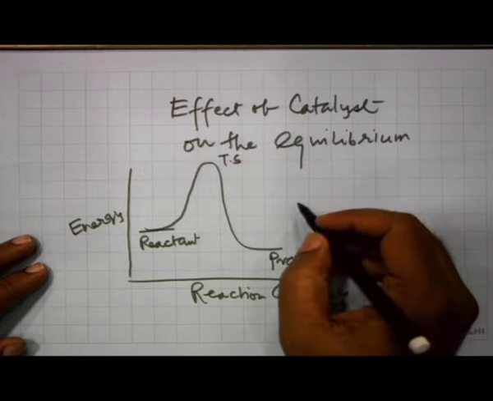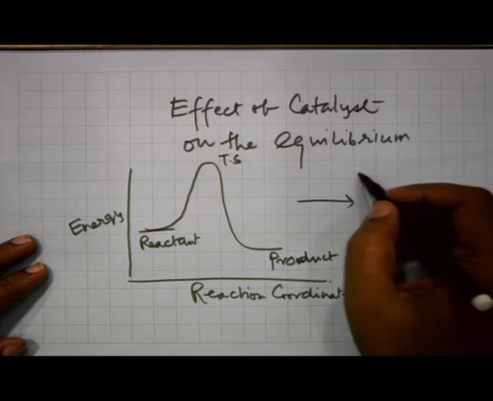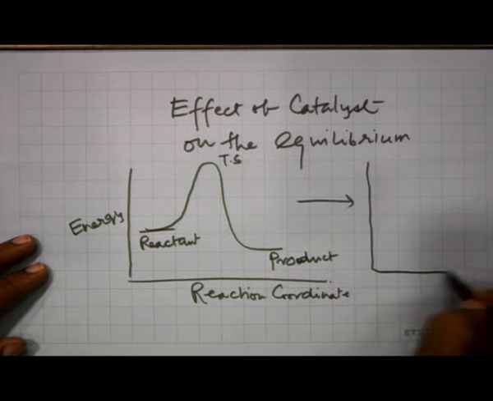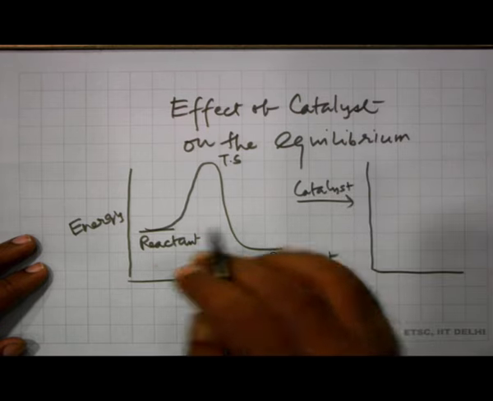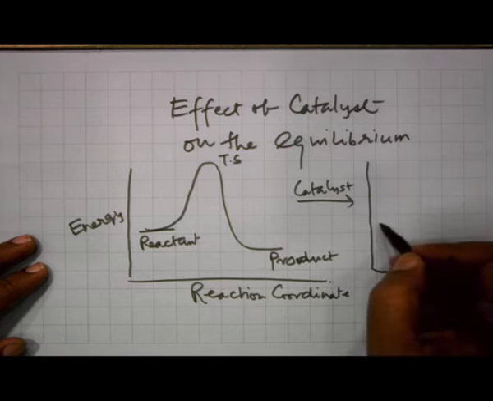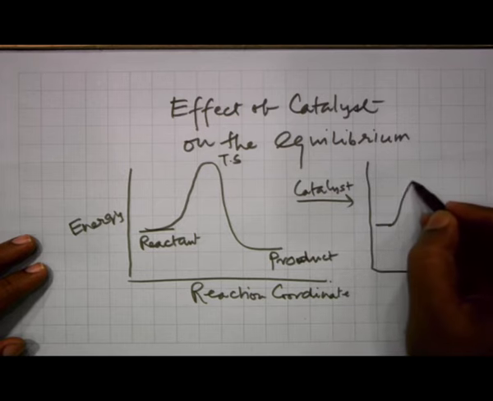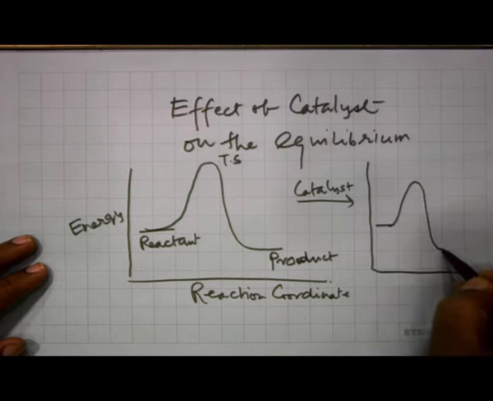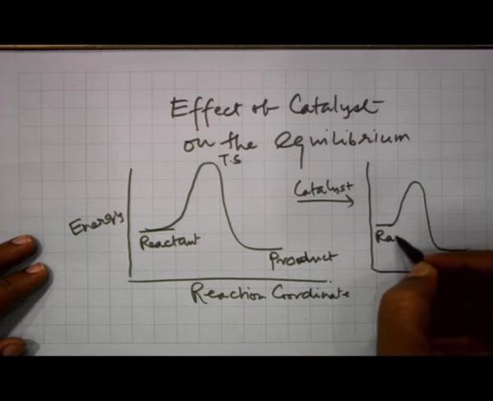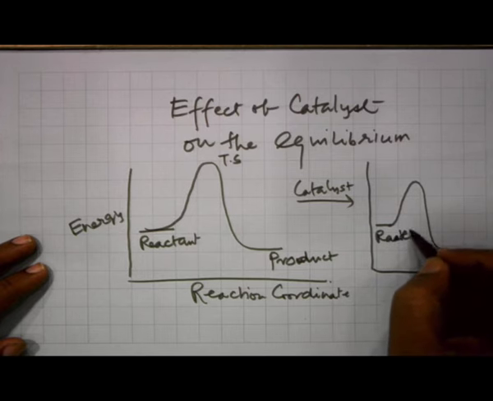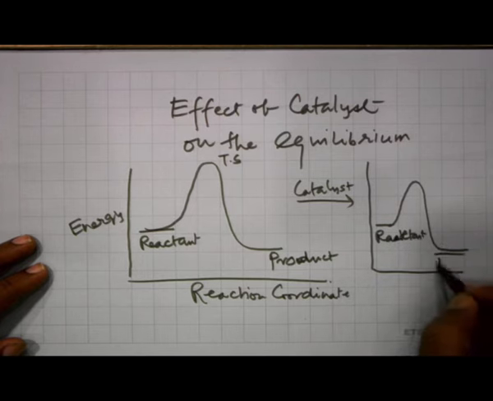We know that if I add a catalyst, in presence of catalyst this curve will be something like this. What does that mean? This is reactant, this is product, and this is transition state.